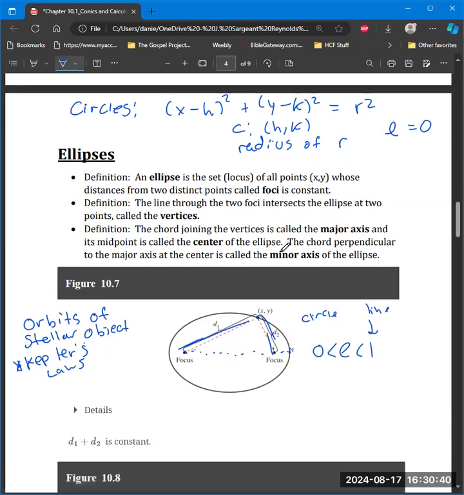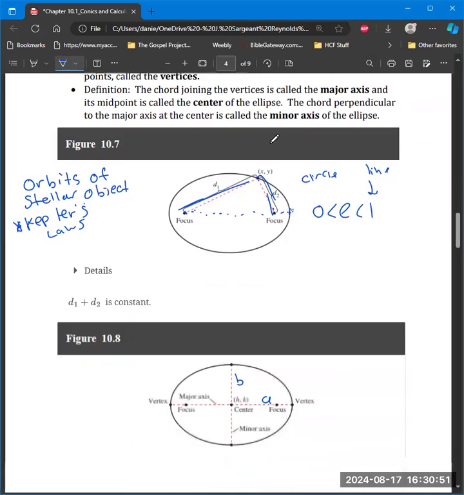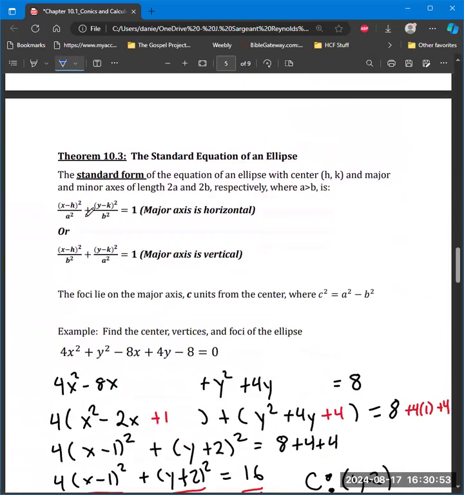So when I divide through by what I thought was r squared before, that was constant for everything, since these had ones with a circle, then I'm going to get different denominators here. One of them will be bigger than the other one, and the bigger denominator I'm going to call a squared, and the smaller denominator I'm going to call b squared.